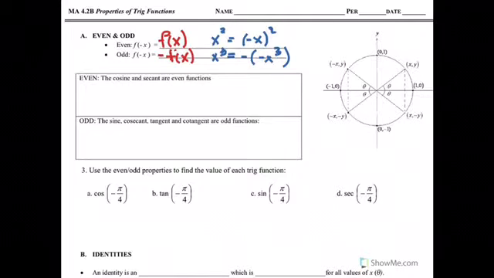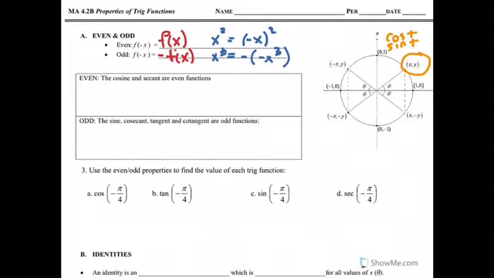So now we want to evaluate sine, cosine, tangent, cotangent, cosecant, and secant to see if they are even or odd. Remember that when we're working in the first quadrant, we have a positive cosine and a positive sine.